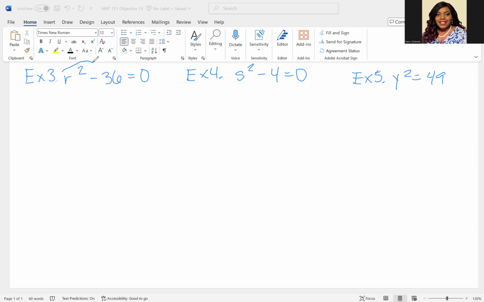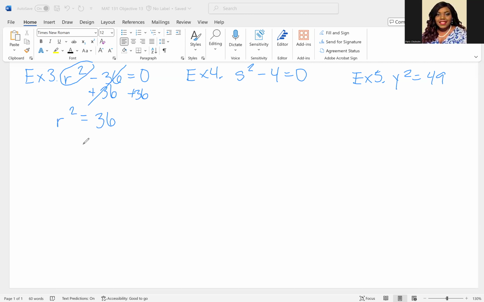So in example 3, it's the r squared. So we want to move this negative 36 by adding 36 to both sides. Okay? And we'll have r squared equals 36.